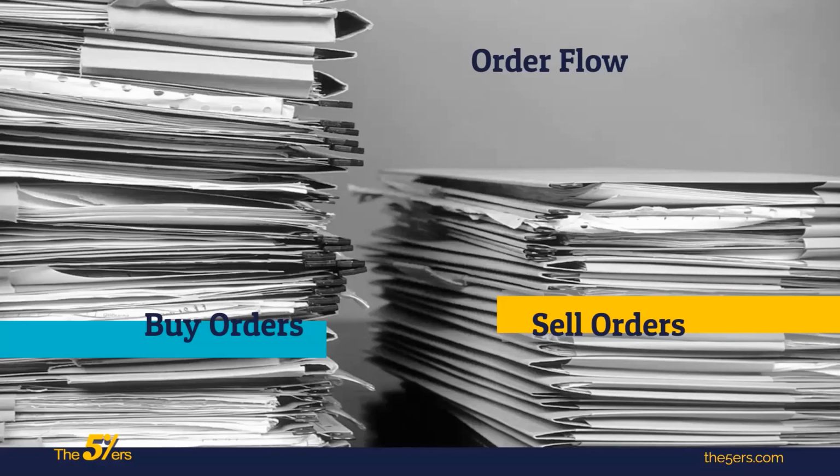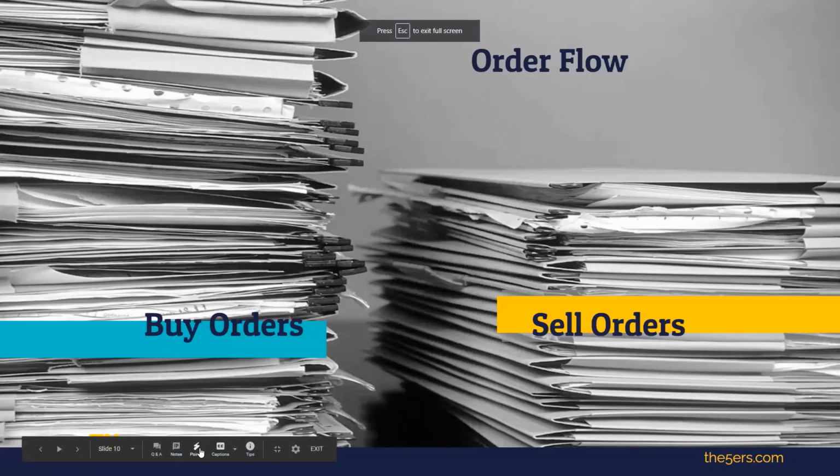We can see that there is already a difference in the order flow, in how much people are willing to buy or sell at that specific level. In this demonstration, we see there are fewer orders, there is less supply to satisfy all these buyers.